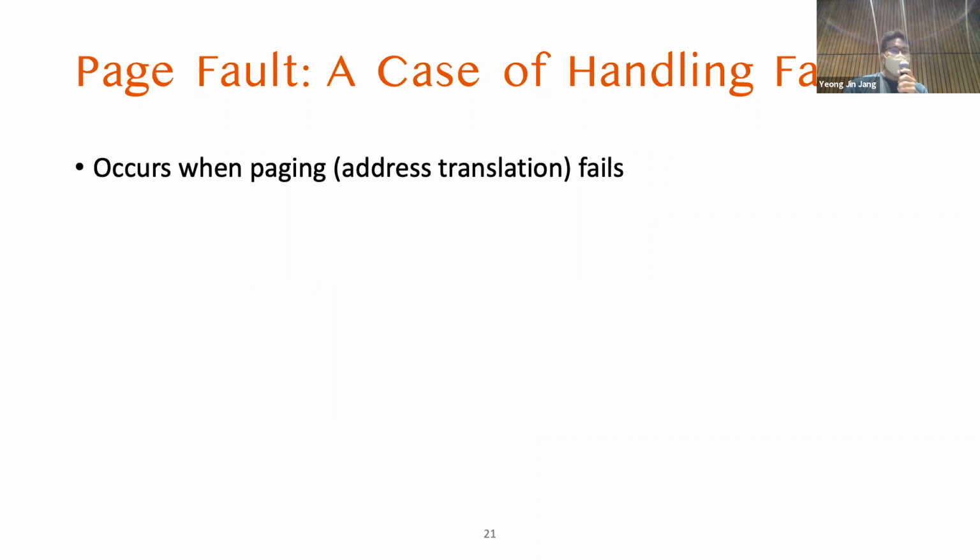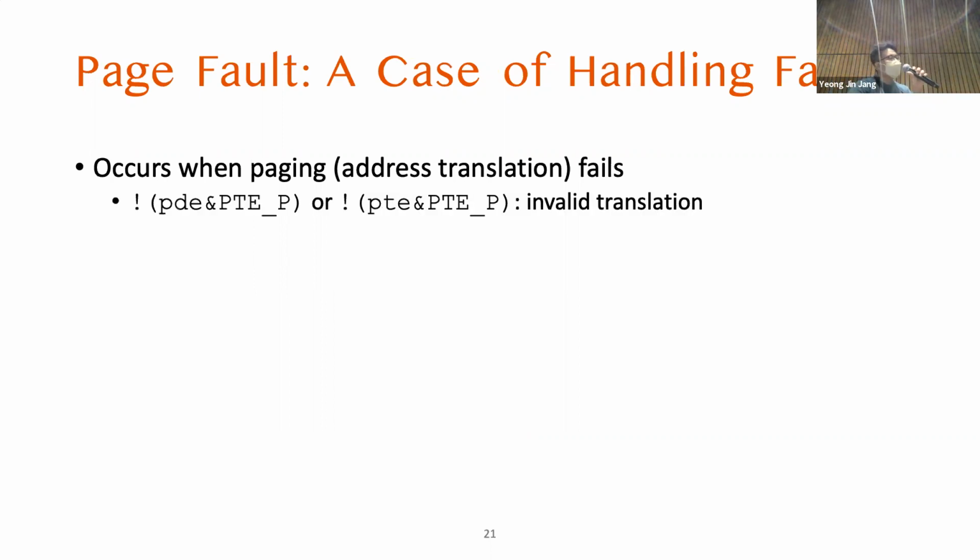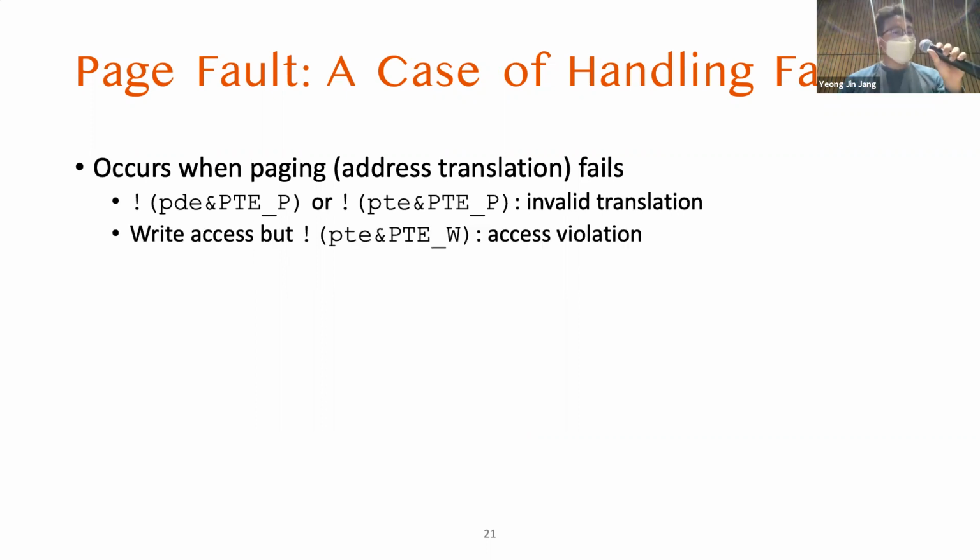The exact condition for a page fault is when we stop at any kind of virtual to physical address translation. So it could be a fault by invalid translation. For example, if the PTP is missing, if that value is 0, then the address is invalid, and it could generate a page fault.